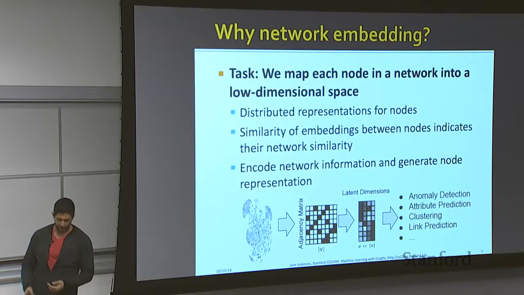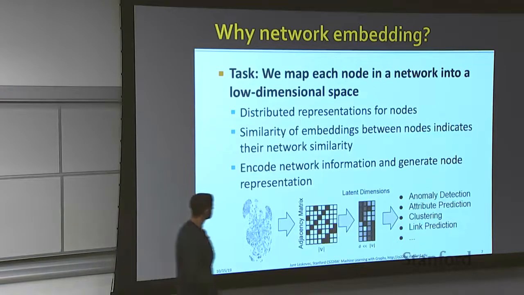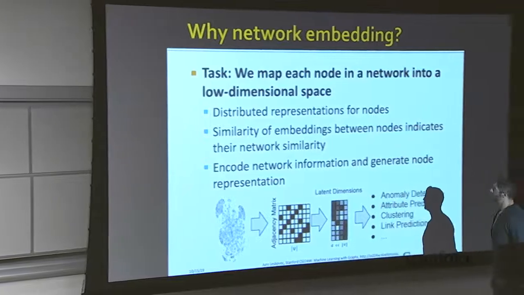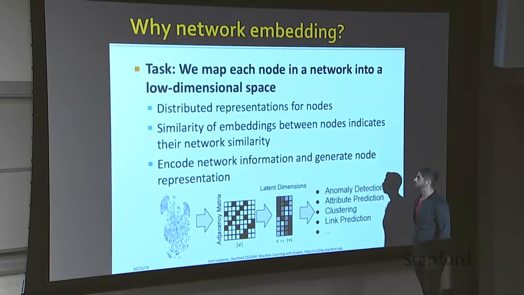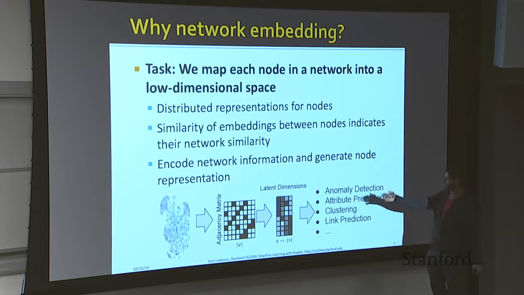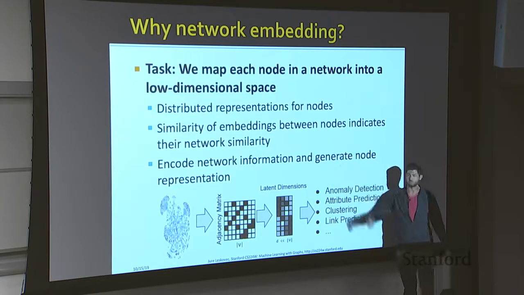Now, why is it so useful? And where has this been applied? Once we can do this mapping of each node into a low-dimensional space, first of all, we obtain these distributed representations for the nodes that we can reuse in different tasks. For example, if we have this vector representation, we can test the similarity between those embeddings.